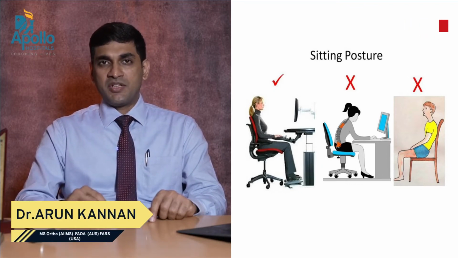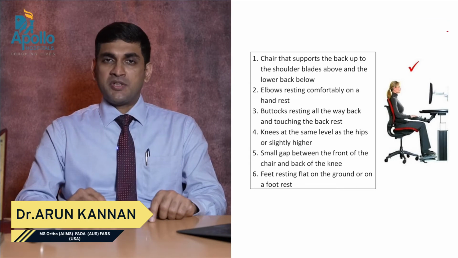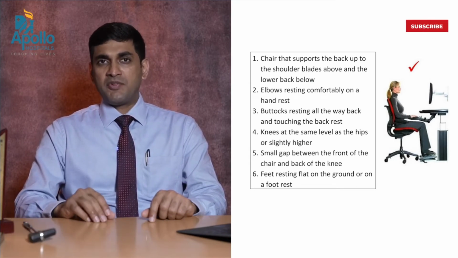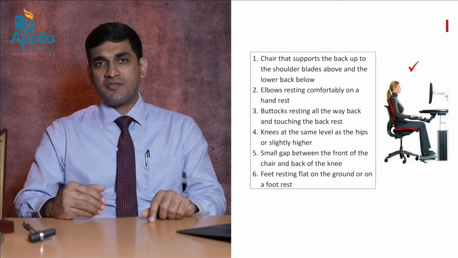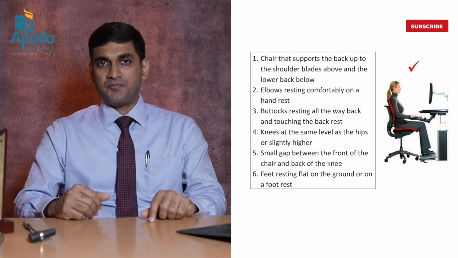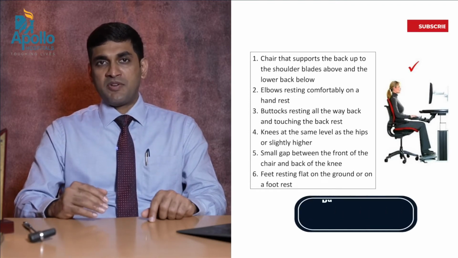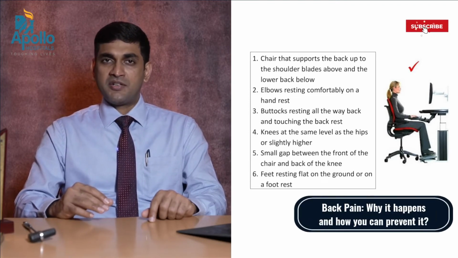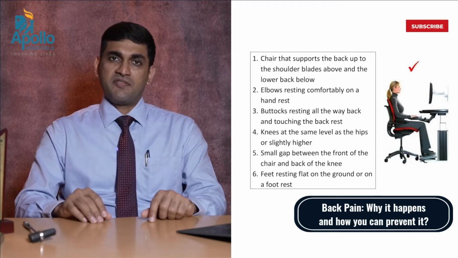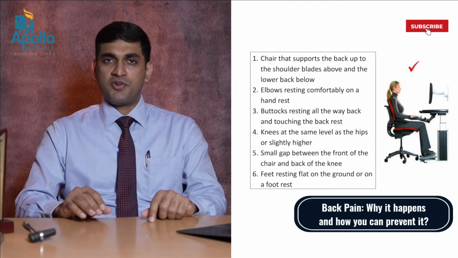Only the lady on the left is sitting in the correct posture and we will look at what she is doing right. The chair should be supporting the entire back up to the shoulder blades. And whenever you sit in a chair, you must go all the way back. The buttocks should rest against the back of the chair. The knee should be at the same level as the chair or slightly higher so that the back gets full rest. The feet should be resting well on the ground or on a small footstool.